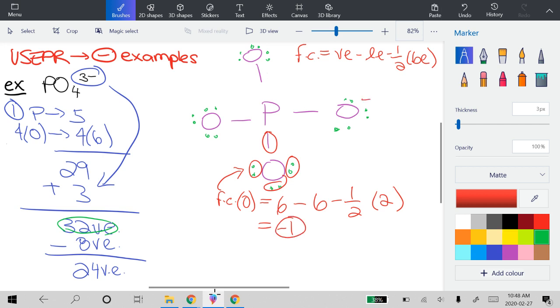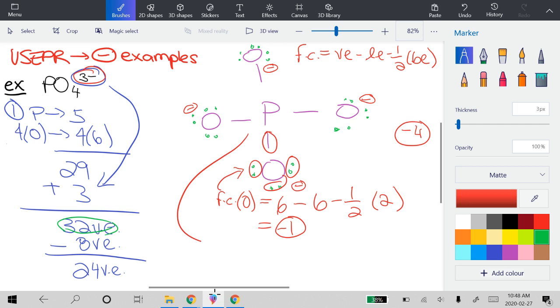So each oxygen in our drawing has a -1 formal charge on it. That means overall right now, the molecule has a -4 charge, but we only want a -3 charge overall.